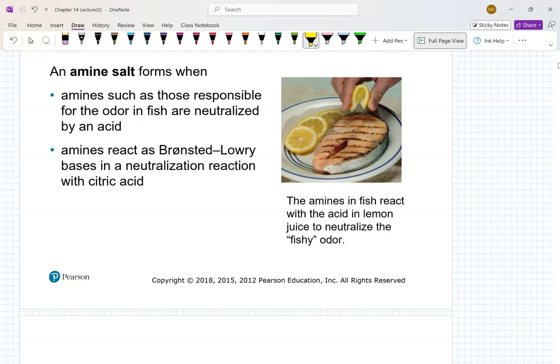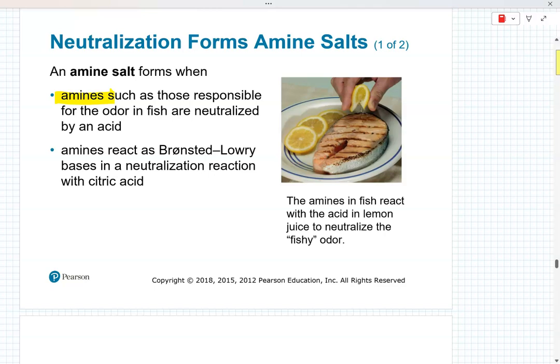So, fishy odor is due to a certain set of amines and other heterocyclic compounds that contain nitrogen. Okay? And since amines are bases, they can be neutralized by an acid such as citric acid.